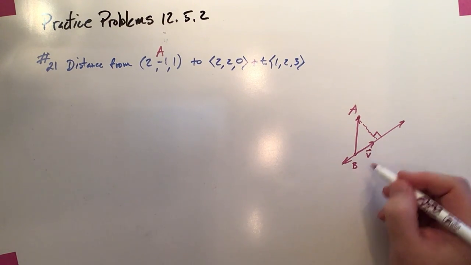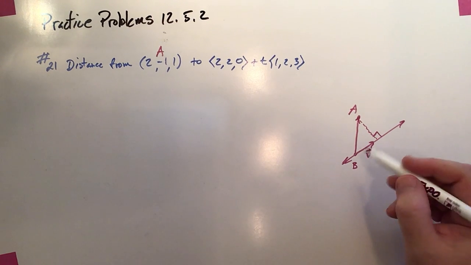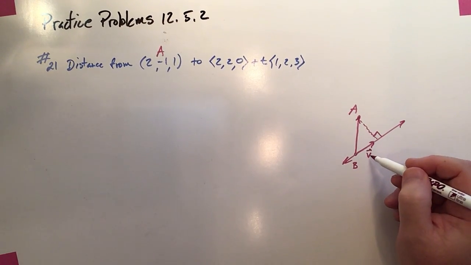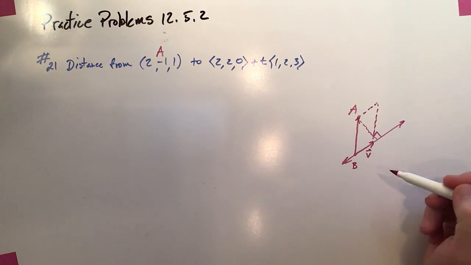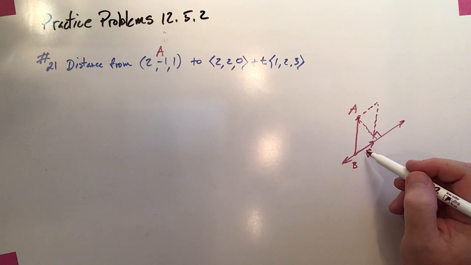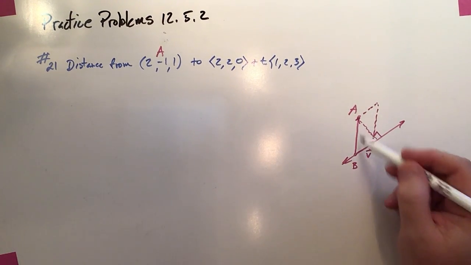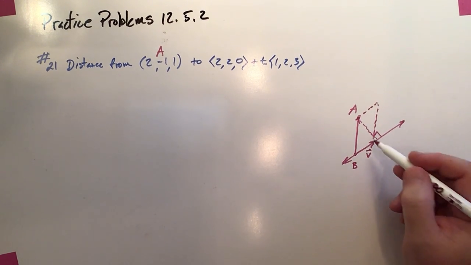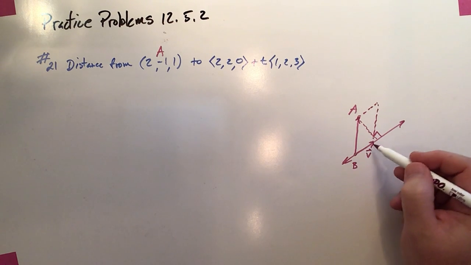So once I have V and vector BA, look at what we can do. I know that the cross product of vector V with BA, its magnitude is going to be the same as the area of this parallelogram. And of course, the area of a parallelogram can be calculated in 2 ways. One is by the cross product of the vectors that represent the corner, and the second way is by taking the height times the length of the base.